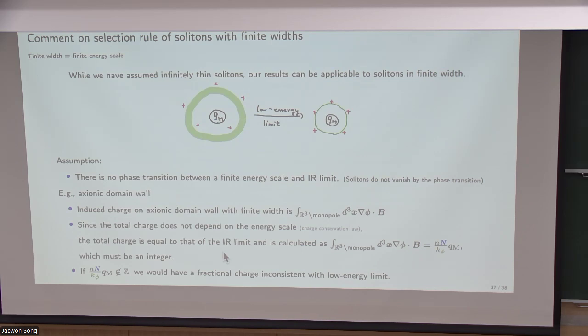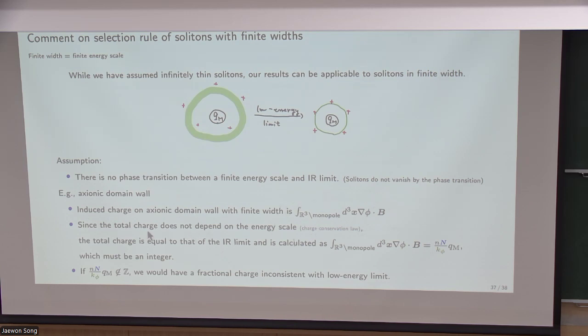Physically, this means that the soliton does not vanish by a phase transition. For example, we consider the case of the axionic domain wall. We can calculate the induced charge on the axionic domain wall with a finite width. Even in the finite width, the induced electric charge can be written by this.